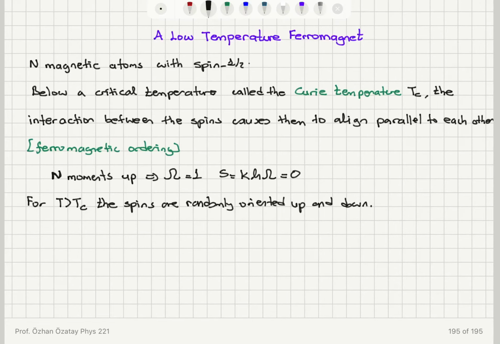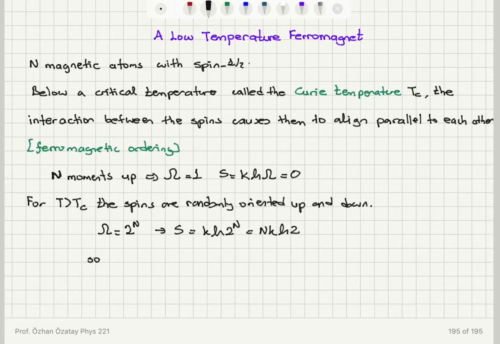Then for this limit, the number of accessible states: for each spin I have up and down, 2. For capital N spins it will be 2 to the power capital N, and the corresponding entropy will be K natural logarithm 2 to the power N, so it will be capital N K natural logarithm 2.